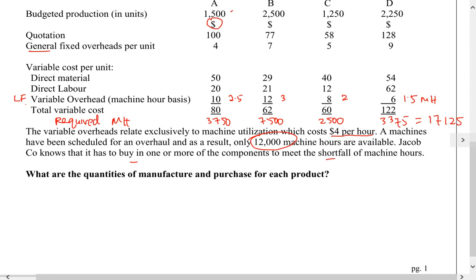Savings per limiting factor, let's calculate A. Variable cost to make.